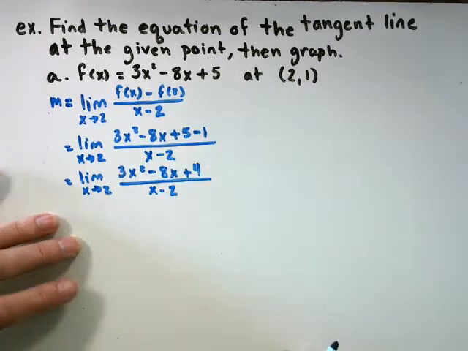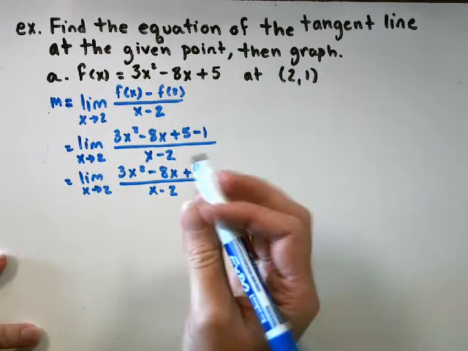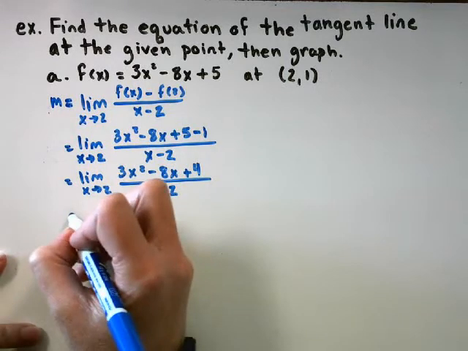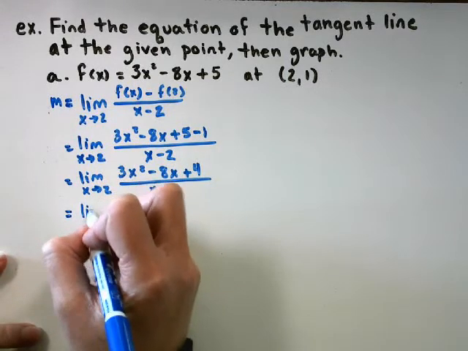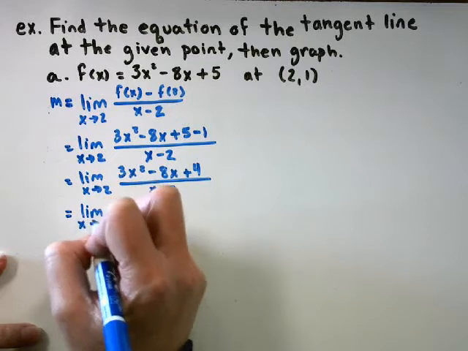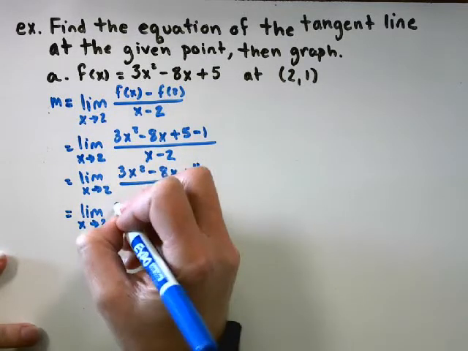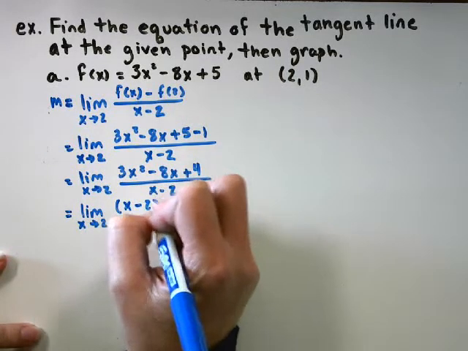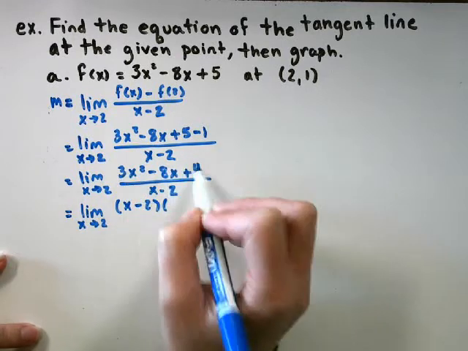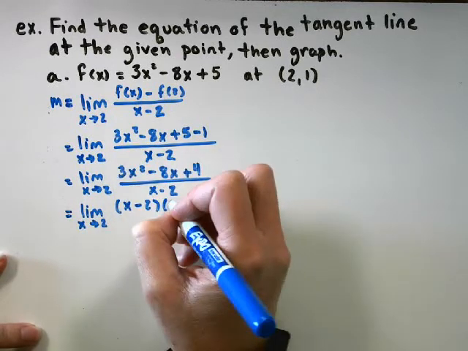Then we will factor. So we have x minus 2, and then we look at what we need to multiply. To get that, I need a 3x. To get that, I need a negative 2.